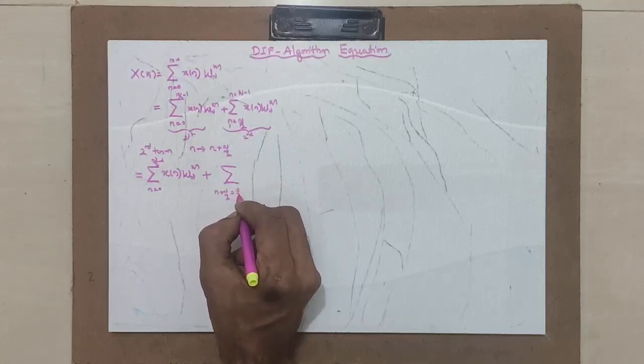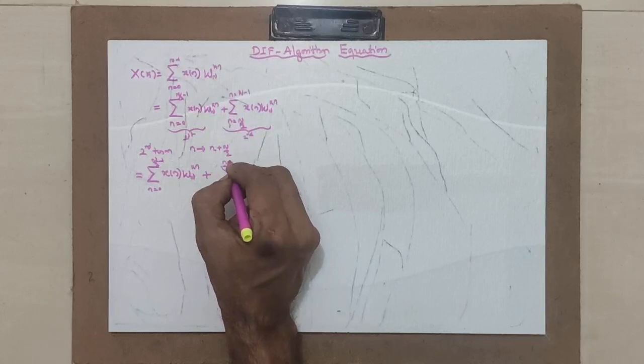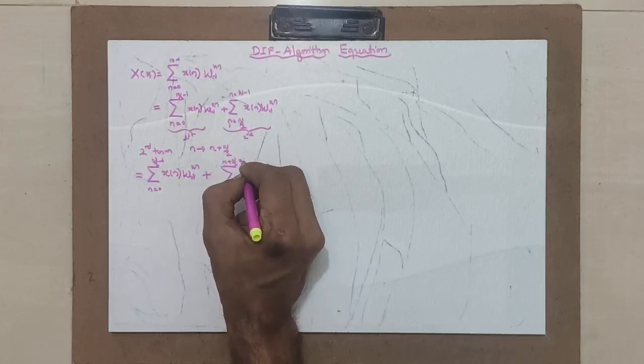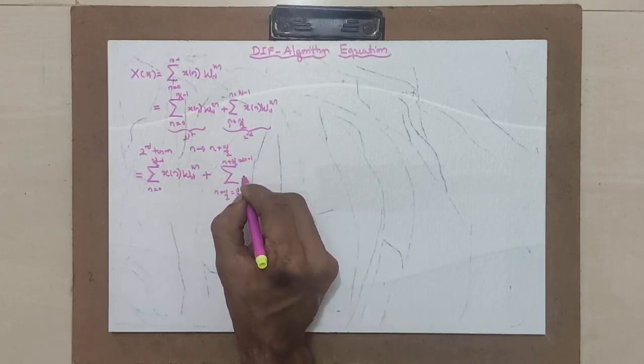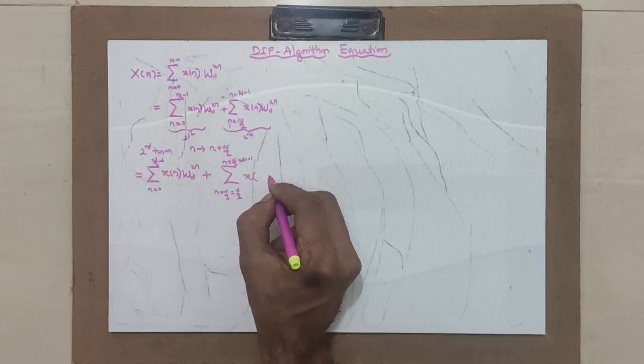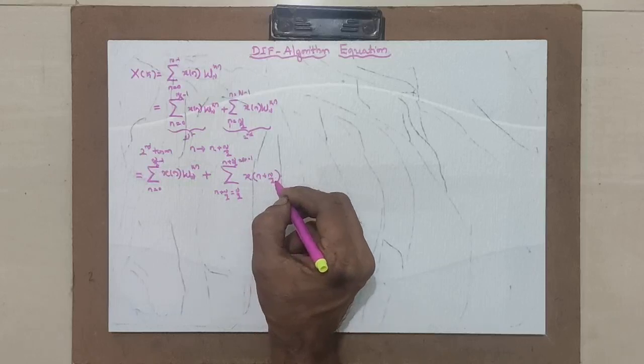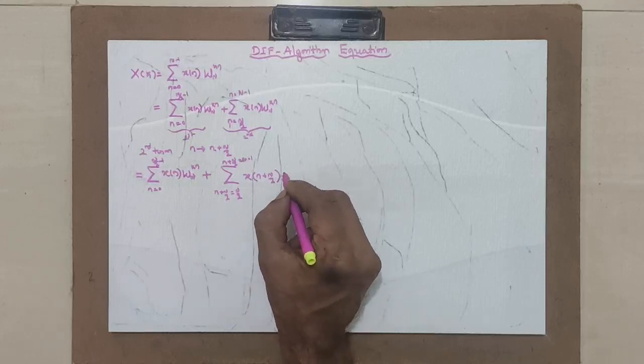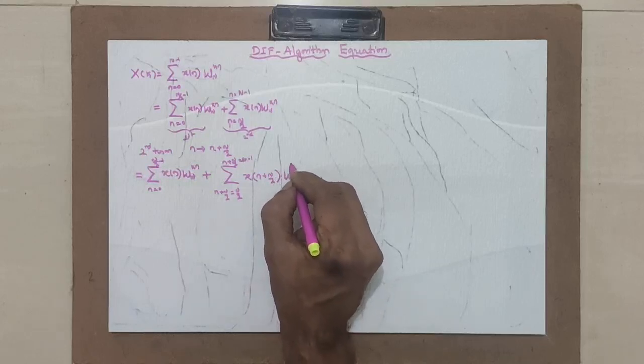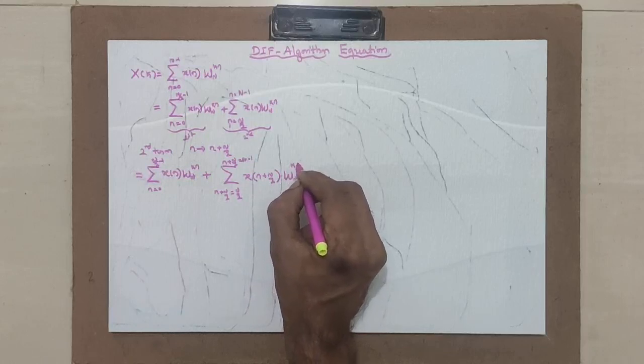So n plus N by 2 runs from N by 2 to N minus 1: x of n plus N by 2, W_N raised to k times n plus N by 2.